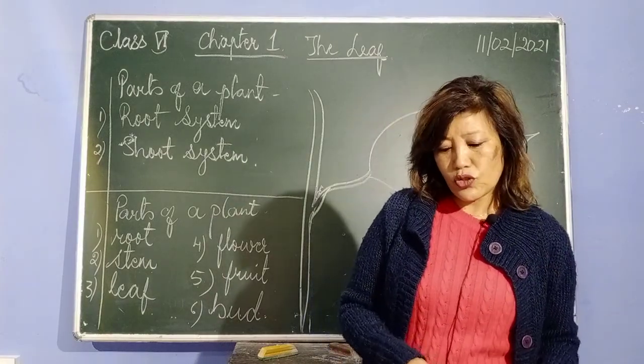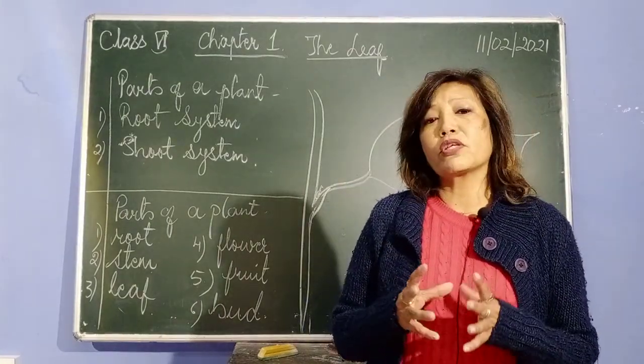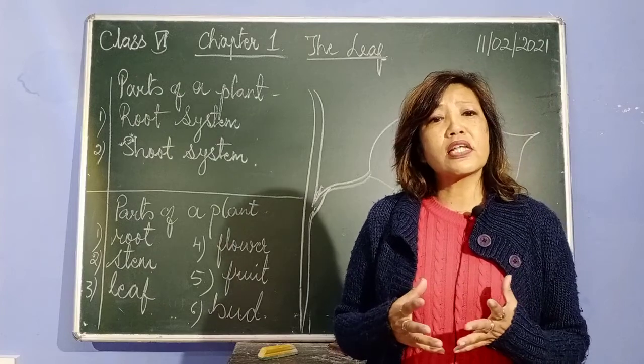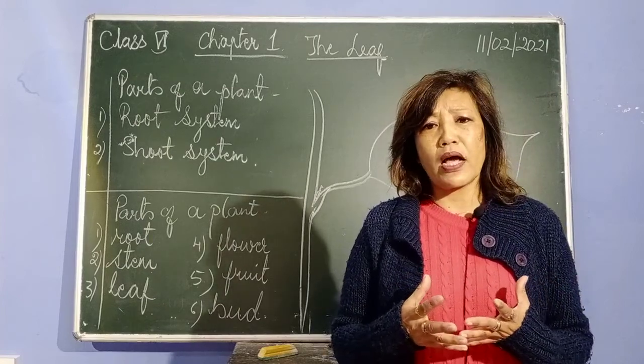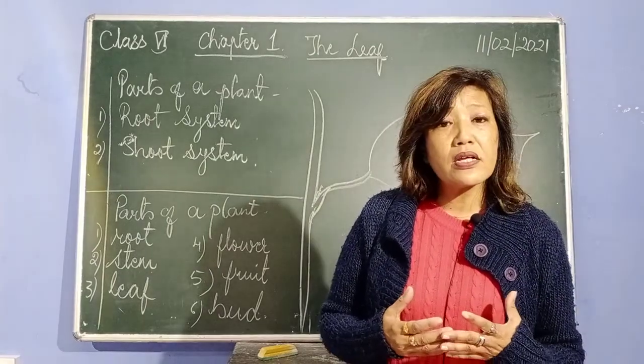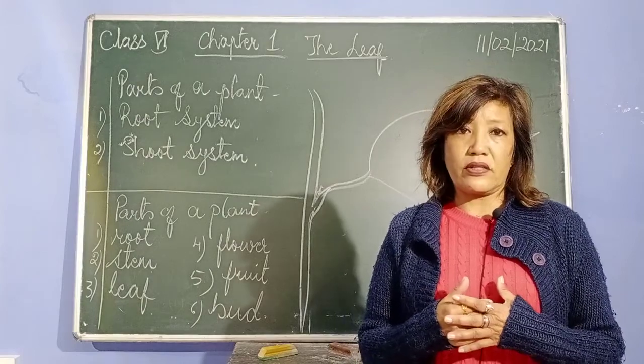So children, you all must have seen, or you all must have observed various types of plants around you, isn't it? There are different types of plants. Some plants are big, some are small, some plants are useful plants, right?